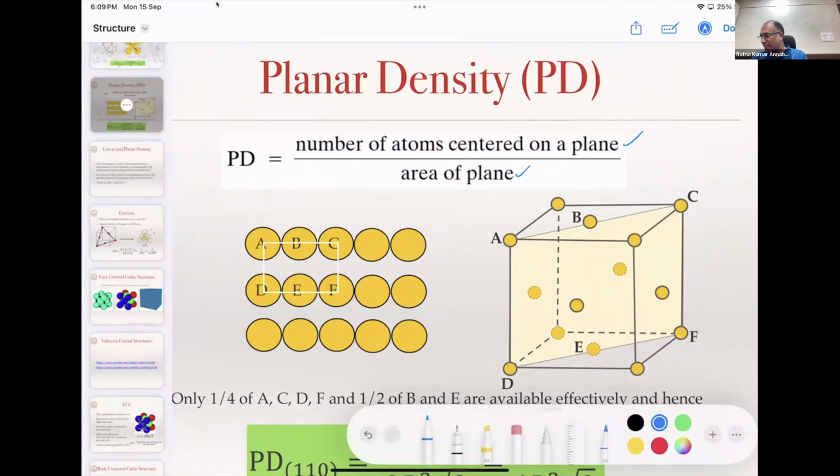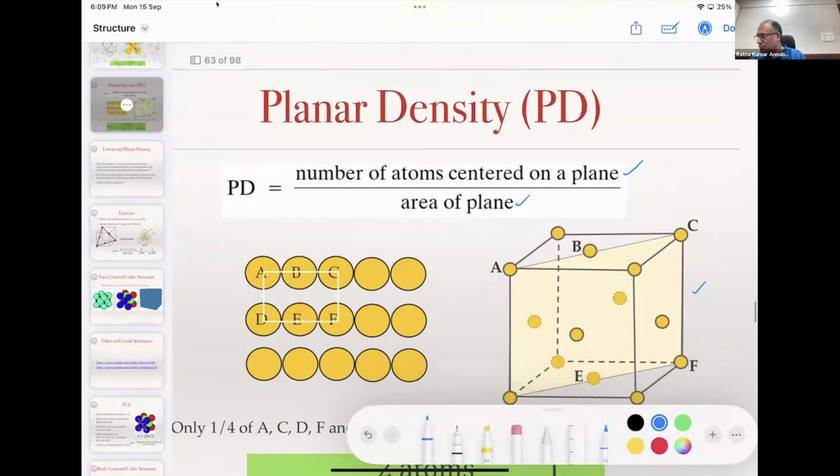Now, if you take the FCC lattice, what is the Miller indices for this plane? 110. So we are trying to find the planar density for this plane. This is the picture you will get.